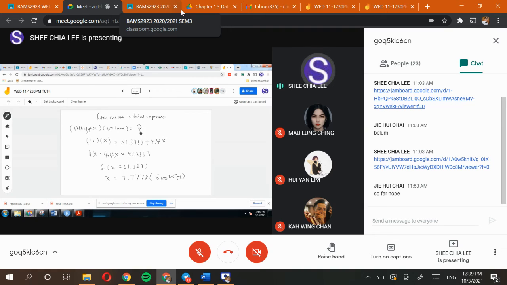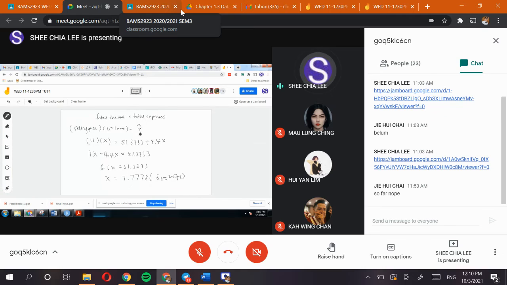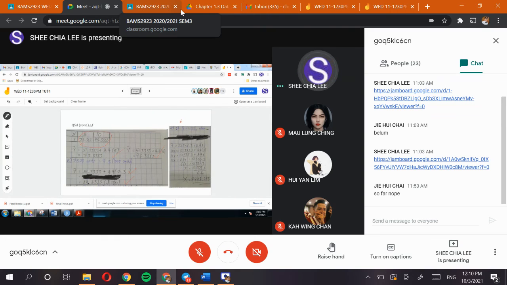Y from the calculation is 51.3333 plus 4.4x. So solve together: 11x, bring over 4.4x to become minus 4.4x, then 51.3333. 11x minus 4.4x gives 6.6x equals 51.3333. Divide by 6.6, then you get 7.7778 thousand units. Get it or not? Okay, so let me see this one.